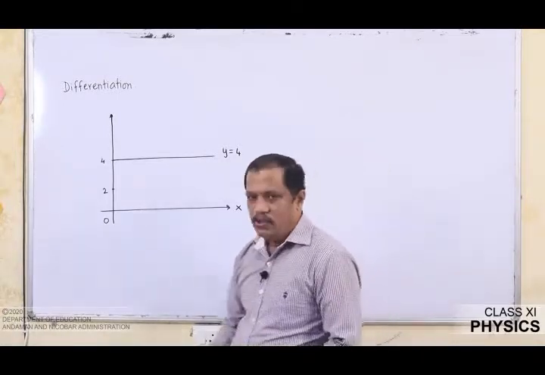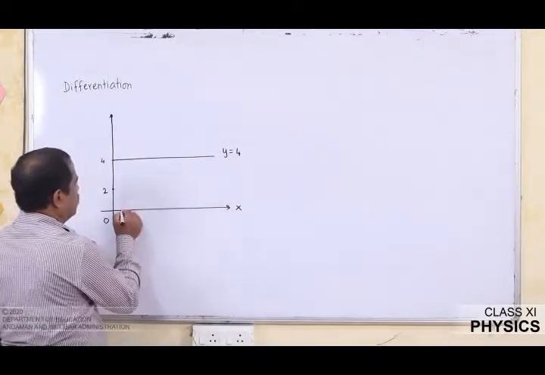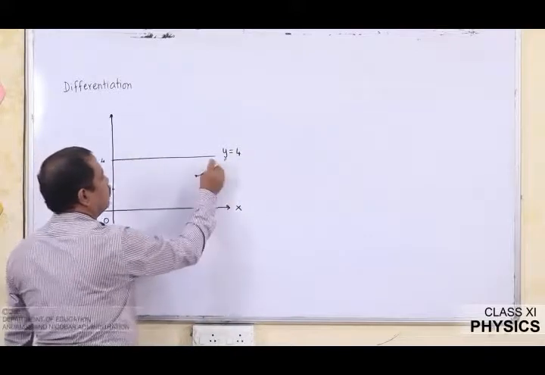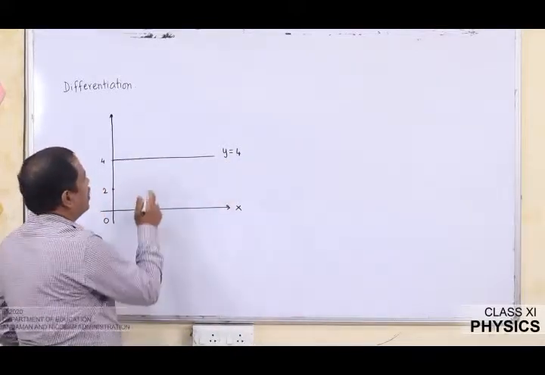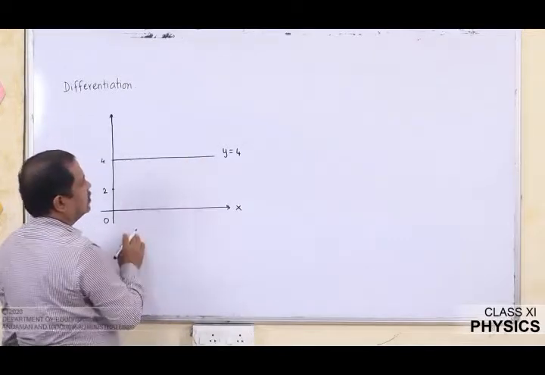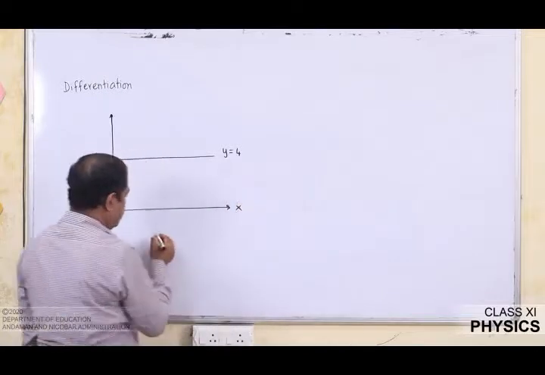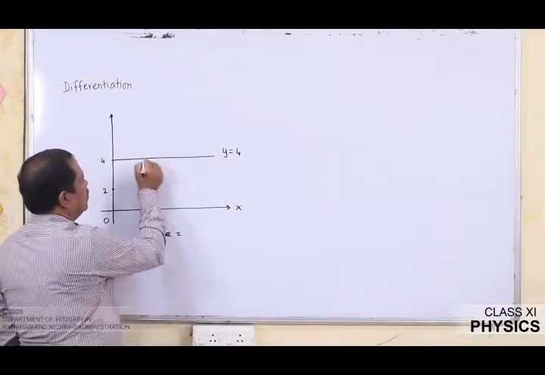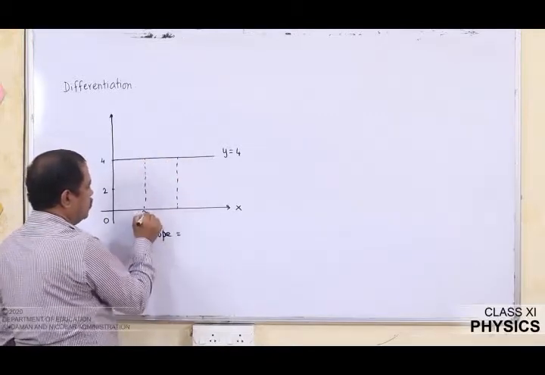As you change the value of x, the value of y remains constant at 4. Now, if I am asked what is the slope of this line, I know that if I take two values, say this is x1 and x2 here.